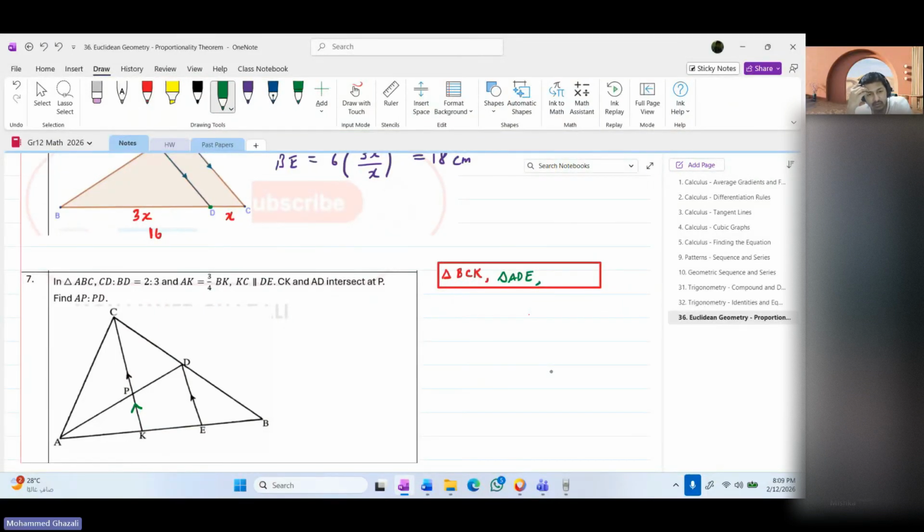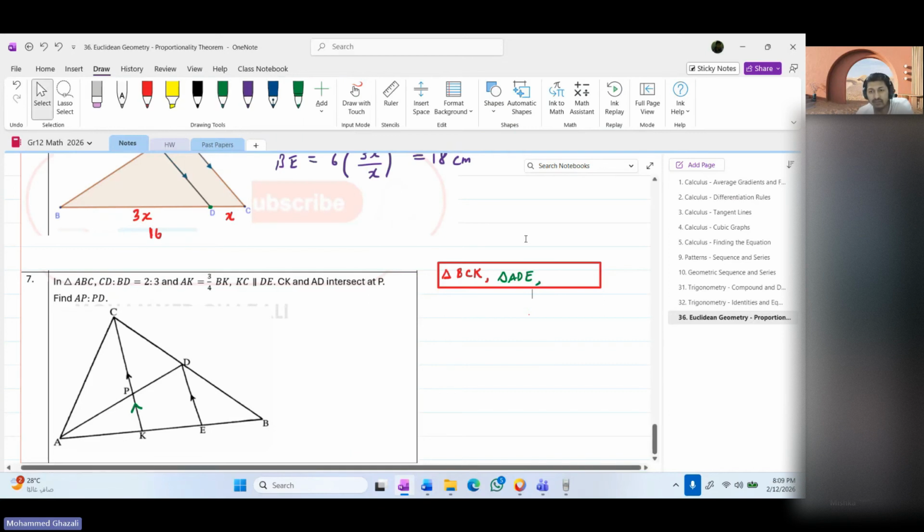No. DE is parallel to CK, and PK is parallel to DE for the second one. Just those two, so it's just these two triangles we need to focus on when doing prop theorem.